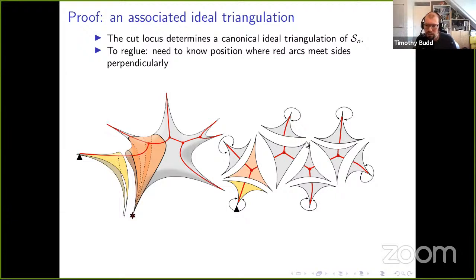Because this is an ideal triangle, a hyperbolic triangle that has an infinite side length. So without specifying how to glue, there is a one parameter degree of freedom of how to glue these triangles together. But if we specify where the cut locus meets the sides of each triangle, then we can uniquely reconstruct the surface.